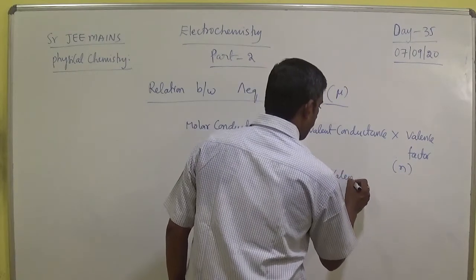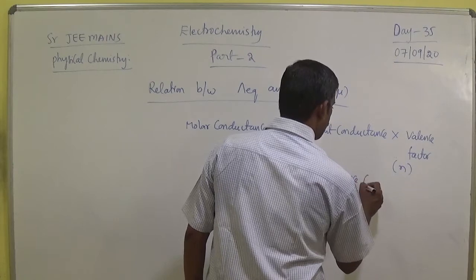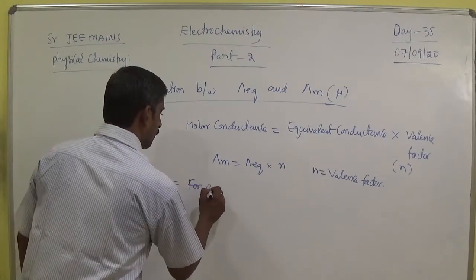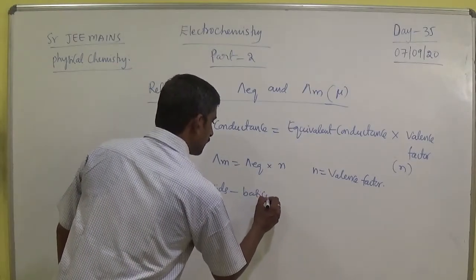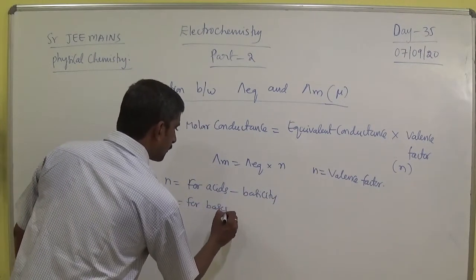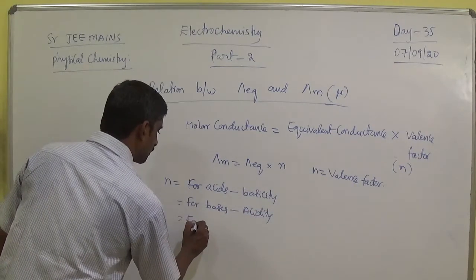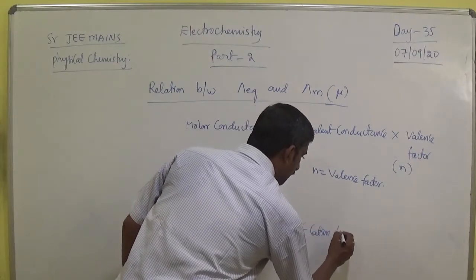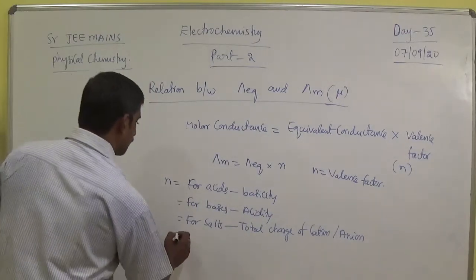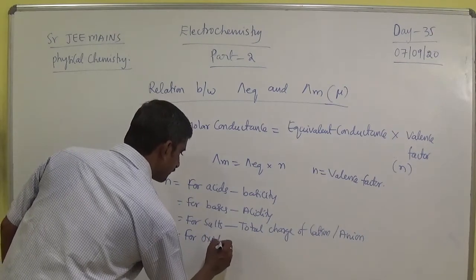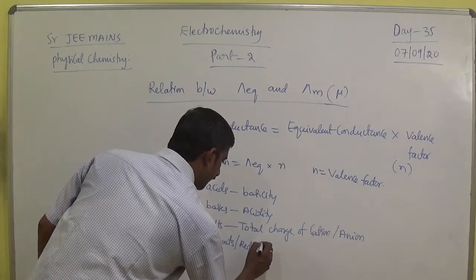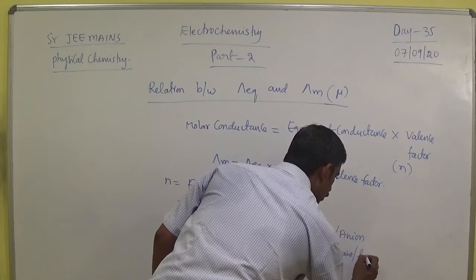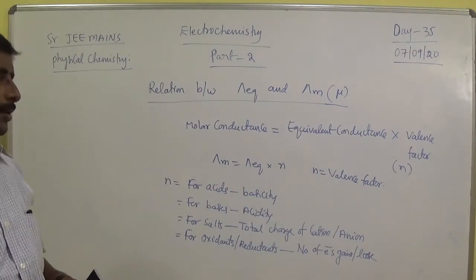Here valency factor means: for acids, basicity; for bases, acidity; for salts, the total charge of cation or anion; for oxidants and reductants, the number of electrons gained or lost. Okay, so these are the n factors.